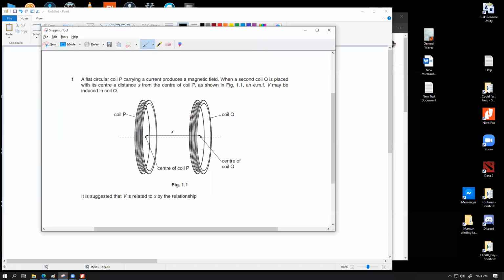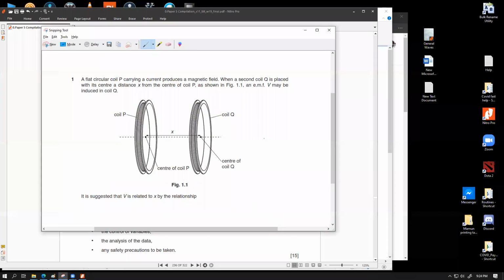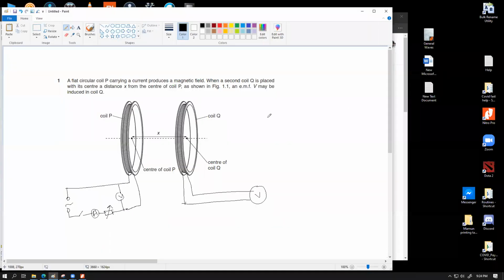I'd show you the manipulation of the equation a little bit, which is V equals V naught e to the power minus kx. We are trying to find a relationship between V and x. So x is our independent variable, V is our dependent variable.